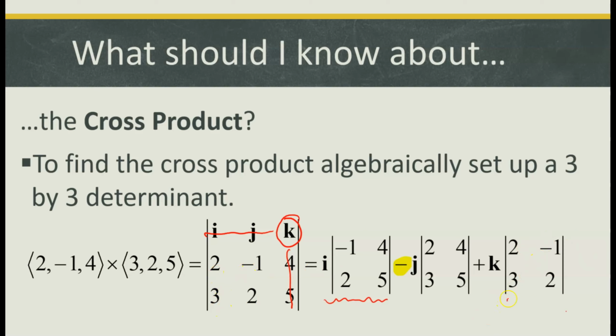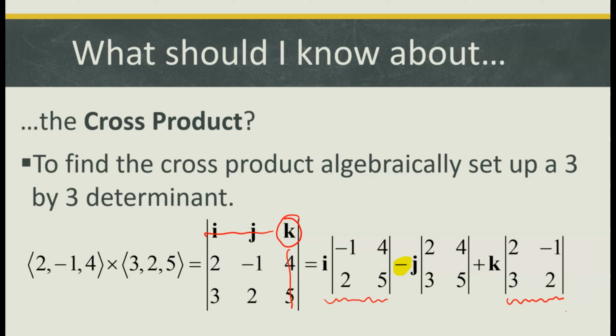And so that gives us the third part of our cross product. Notice that because we still have unit vectors i, j, and k, we are creating a new vector.